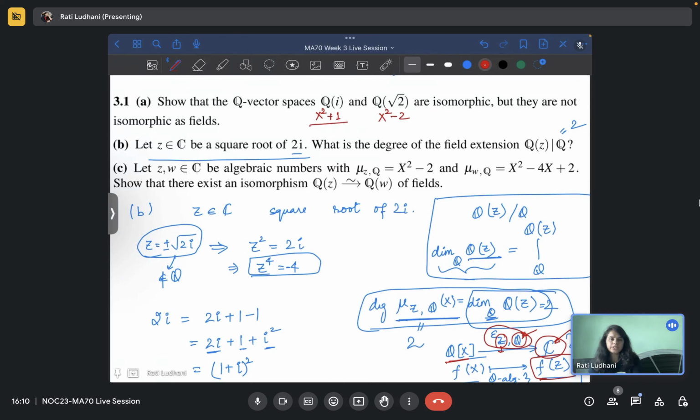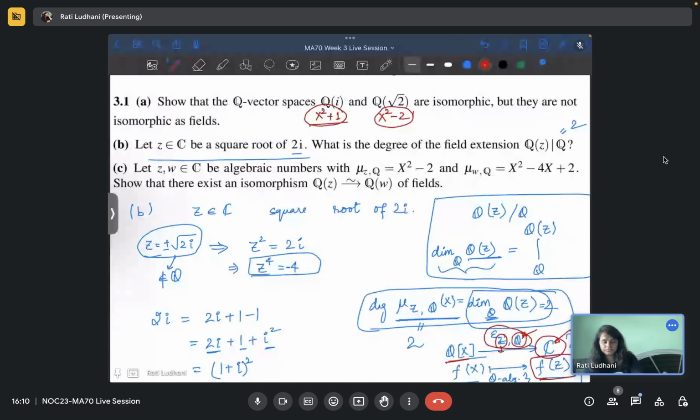Degree only proves that you have a vector space dimension to be equal. So these will be isomorphic as vector spaces. So what I mean to say is, if the minimal polynomials are of the same degree, then these are isomorphic as vector spaces, but we cannot say anything about the field isomorphism. So in this case, these are not isomorphic.